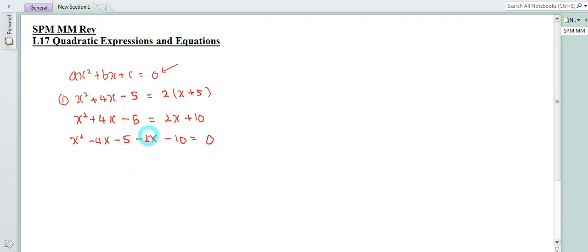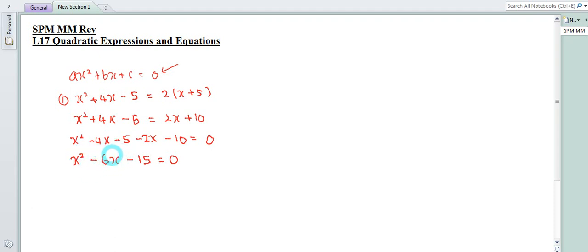So we need to try to simplify the x squared problem. We have negative 4x, negative 2x, total is negative 6x. So negative 5, negative 10, you will get negative 15 equals 0. Okay, so now this is quadratic equation in general form.